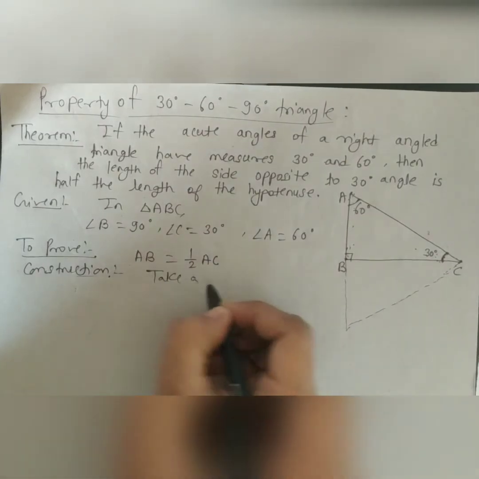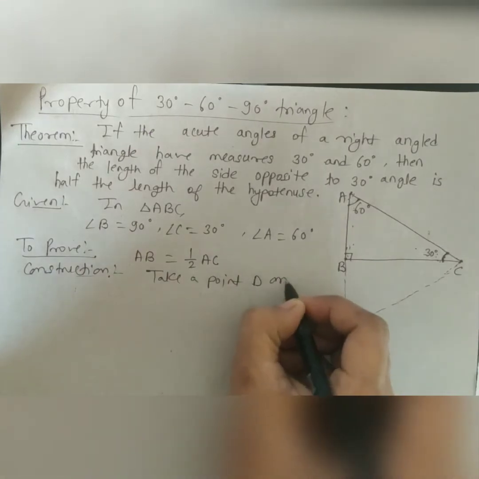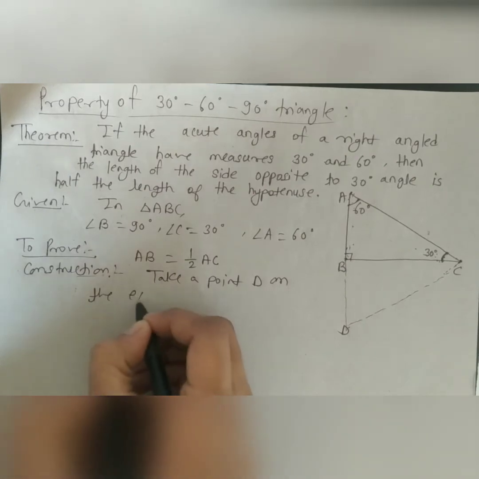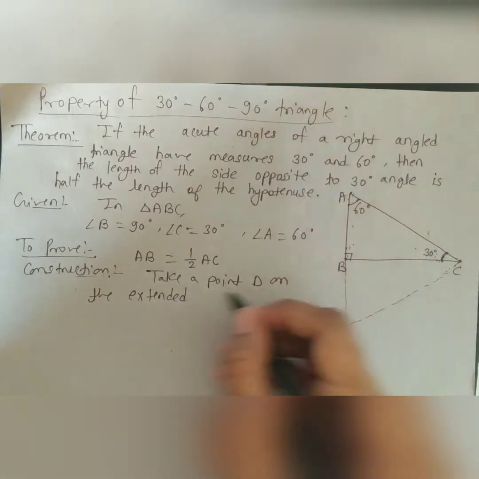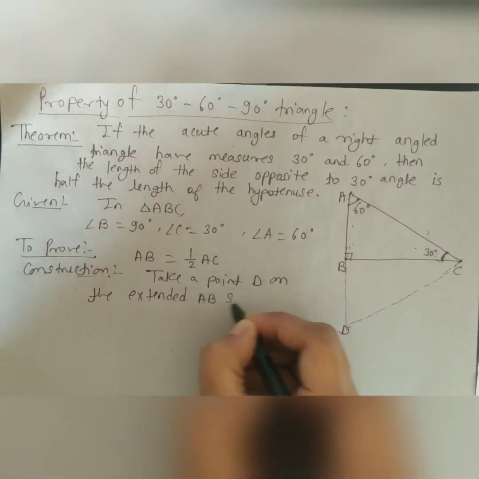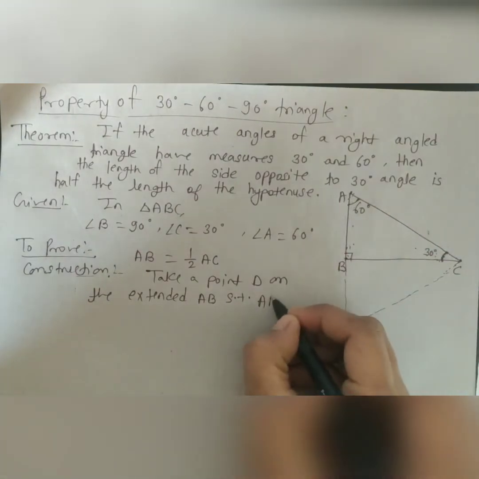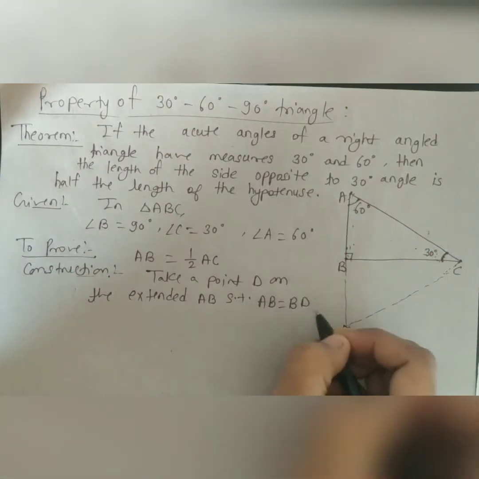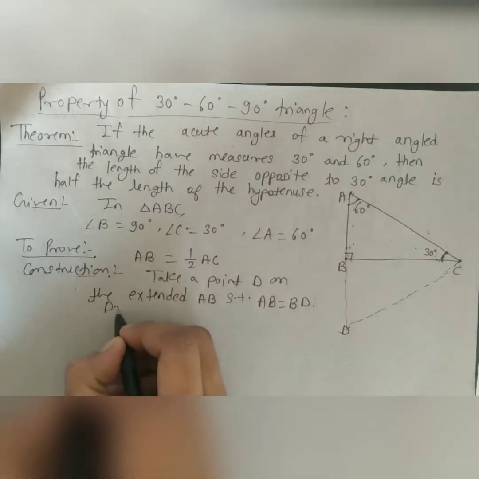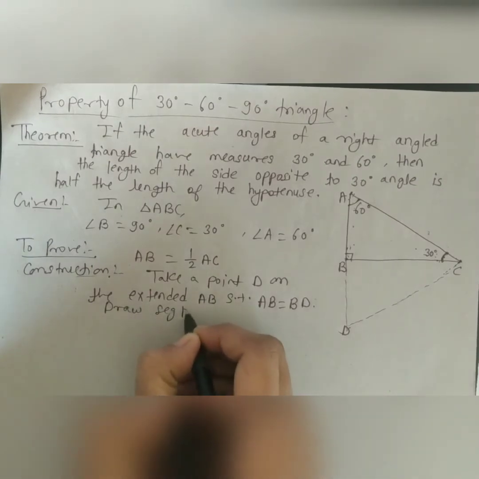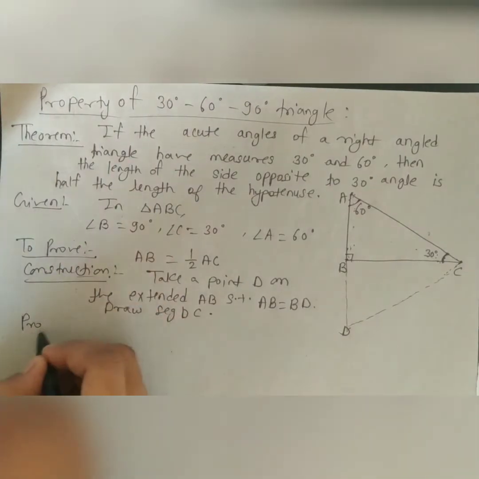We take a point D on the extended segment AB such that AB is the same as BD. AB equals BD. Then we draw segment DC. Now we start our proof.